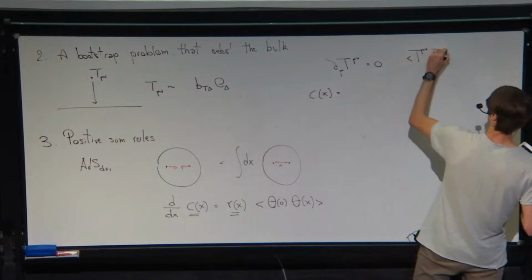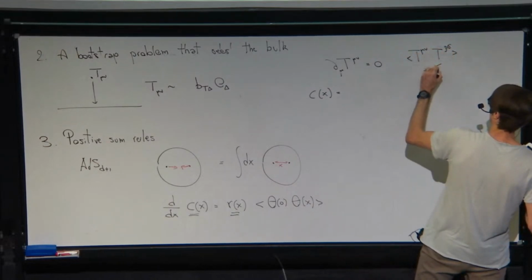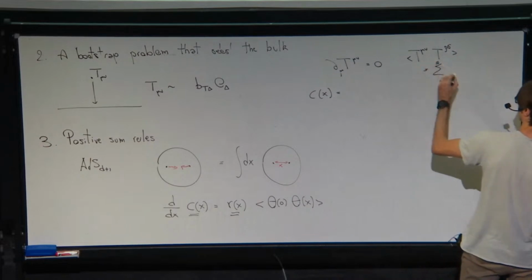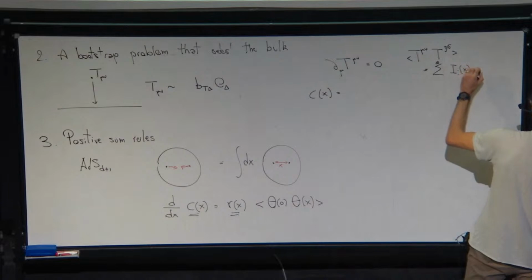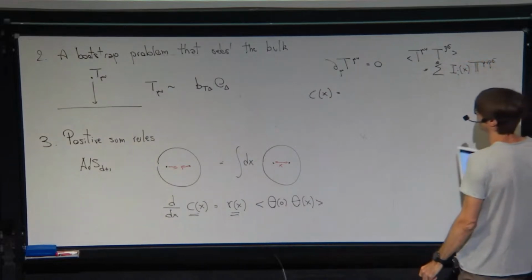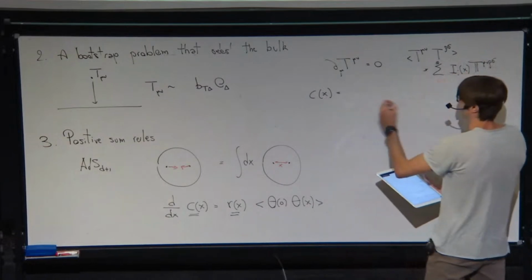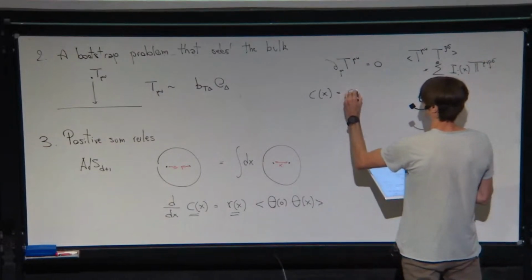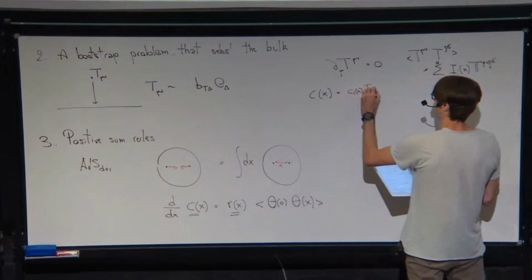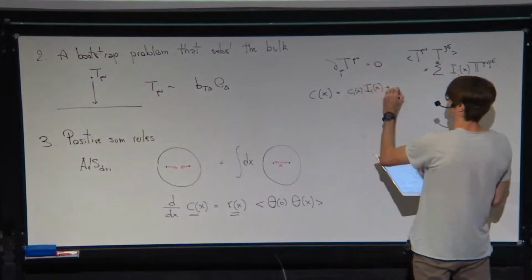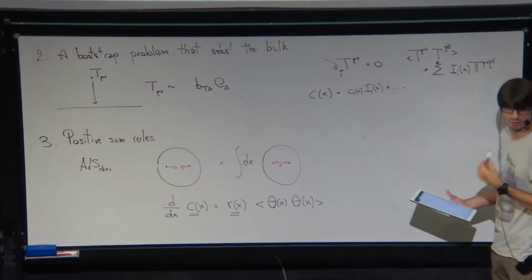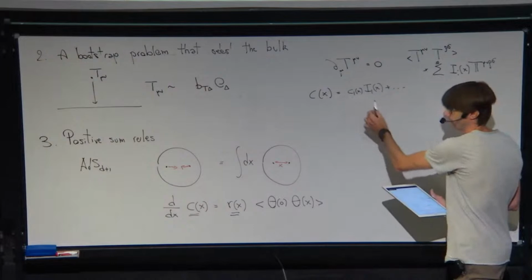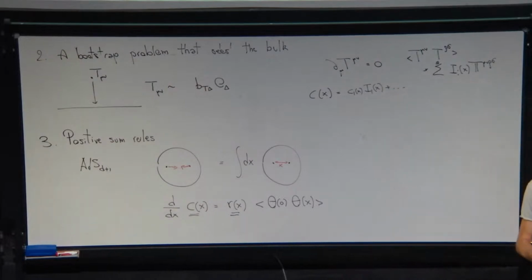You have T mu nu, T rho sigma. This will be some sum over effectively 5 tensor structures times some functions. So the C of x will be some linear combination, C1 of x, I1 of x, plus dot dot dot. So all the theory dependence will be in I1 to I5, and the small c's are theory independent. This is what I mean. Yeah, thanks for the question.